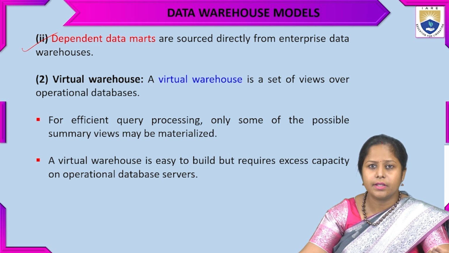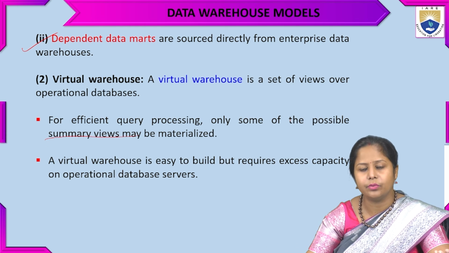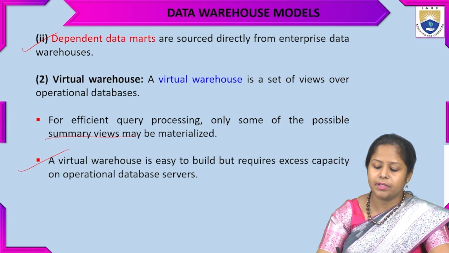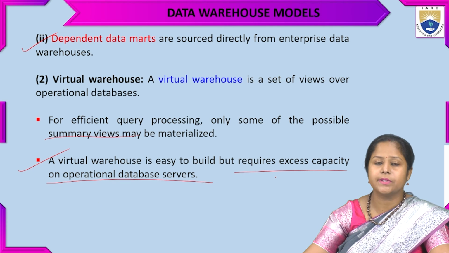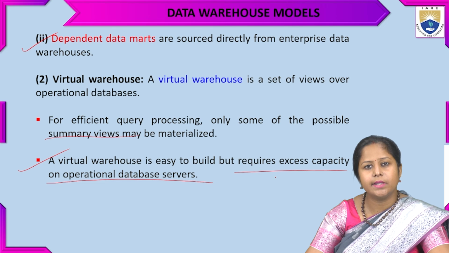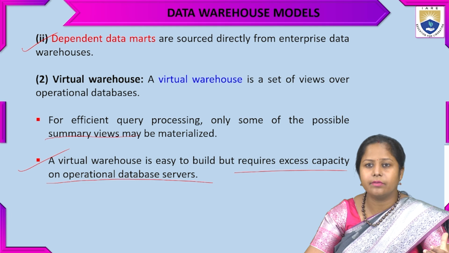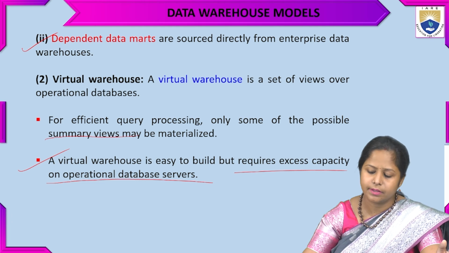In that, some of the query processing can be operated, and some of the possible summaries we can view. A virtual database is easy to build but requires excess capacity on the operational database servers. Obviously there will be huge data, and on that basis it will require the excess capacity on the operational database servers.